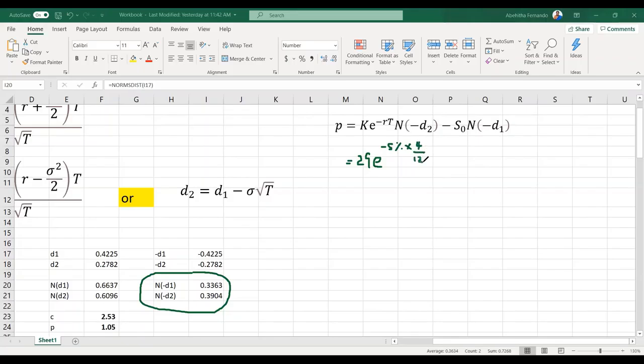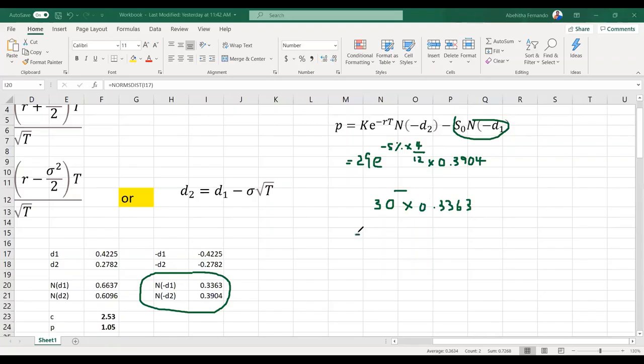With the strike price, the associated value is D2, so take the probability of minus D2, which is 0.3904, multiplied by that. Then deduct this part, where S0 is 30, the stock price today, multiplied by the probability of minus D1, which is 0.3363.